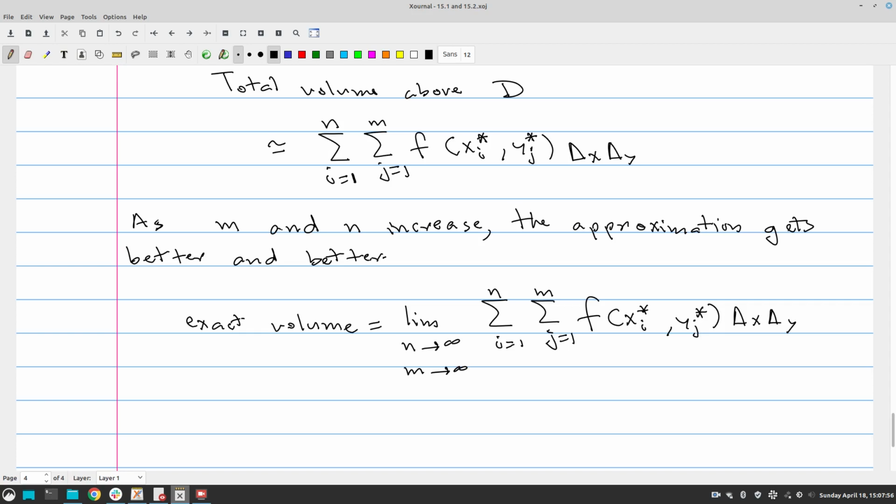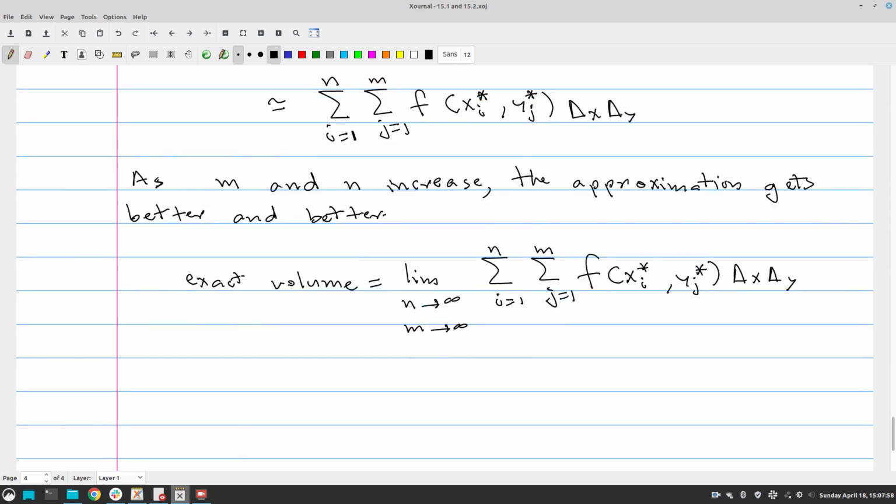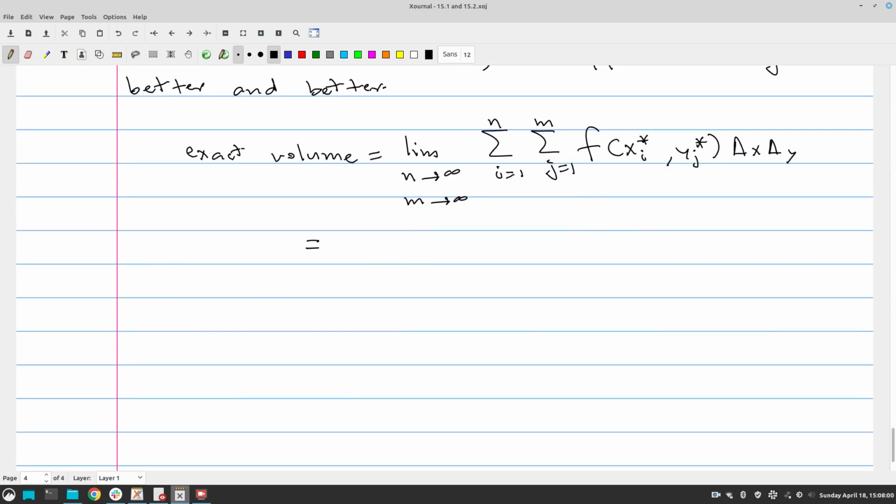By definition, this is equal to the double integral of f of x, y dx dy. This is by definition equal to this.